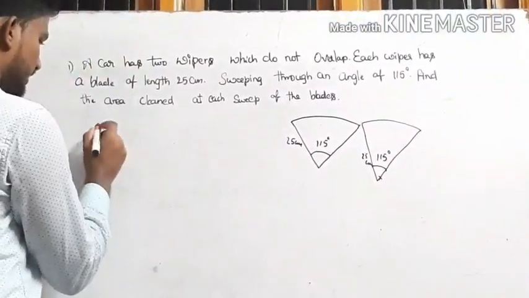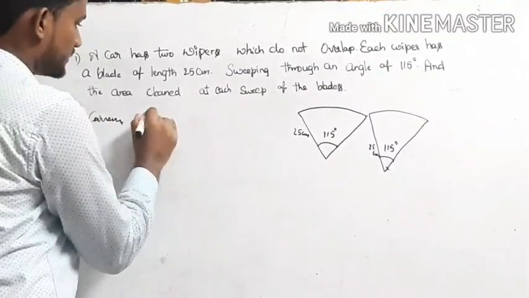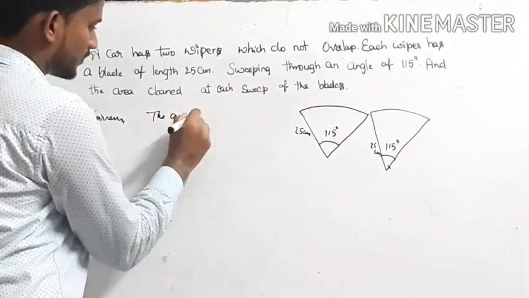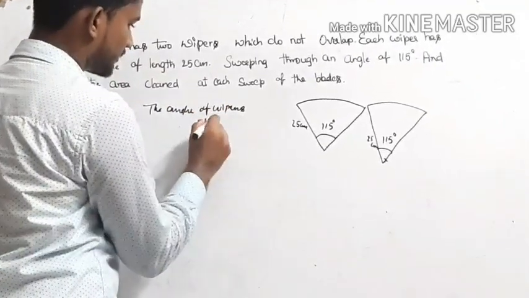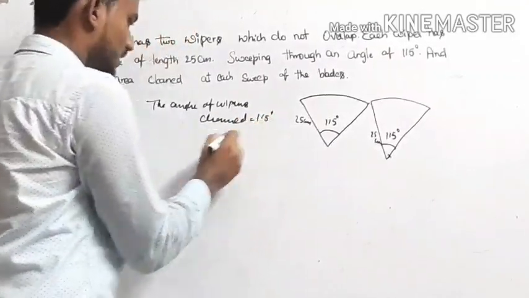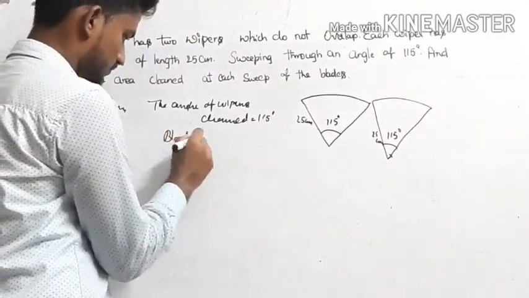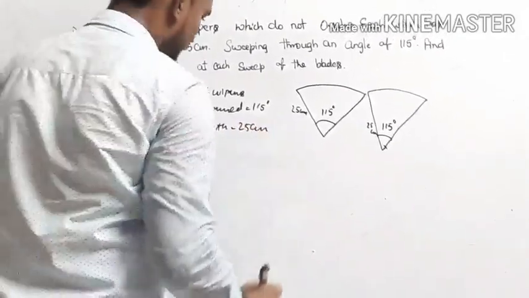We want to find the area. Given: the angle of wipers cleaned equals 115 degrees, and blade length equals 25 centimeters.